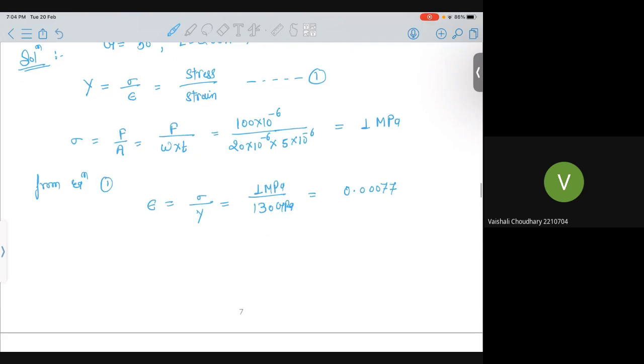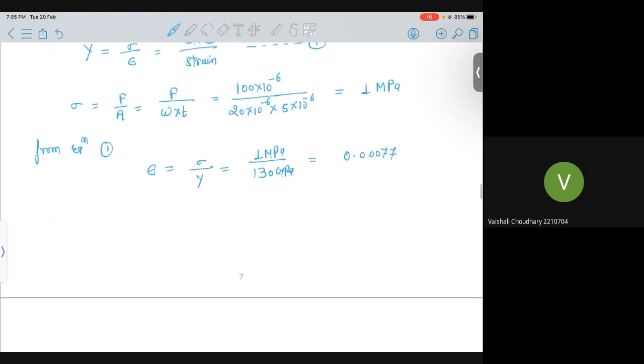Now we have calculated the value of stress and the value of strain, right? So you know the gauge factor G, which is the change in resistance if strain changes.